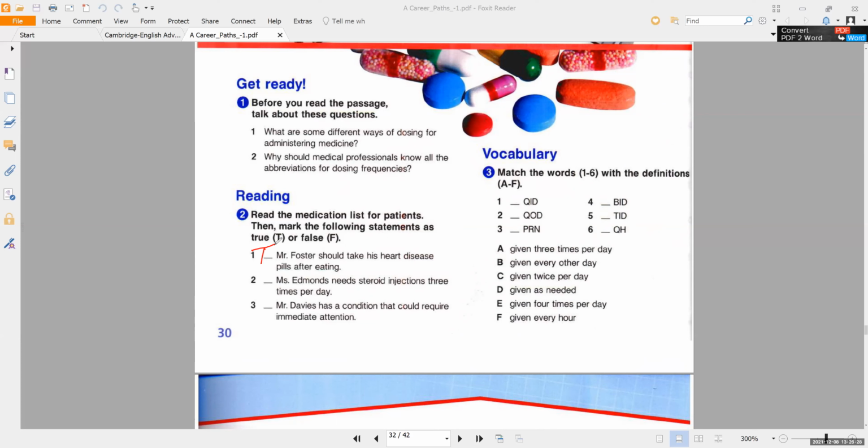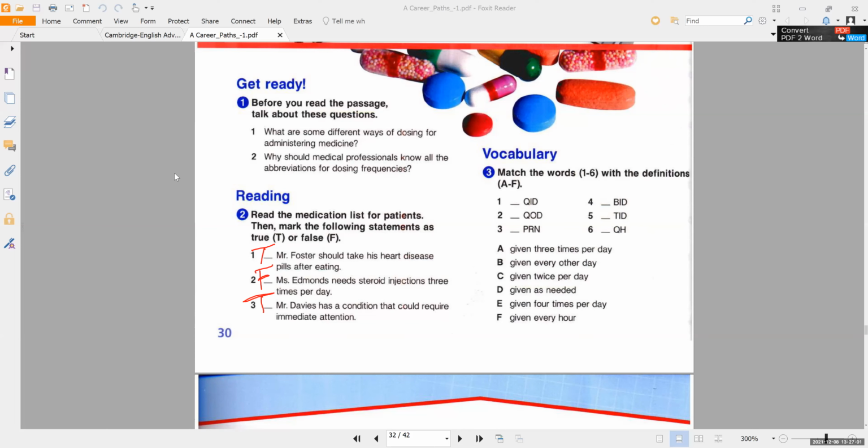Miss Edmonds needs steroid injections 3 times per day. This is untrue, so this is false. No, not 3 times. Yes, and number 3, Mr. Davis has a condition that could require immediate attention. Yes, this is true. Yes, his condition needs immediate attention.